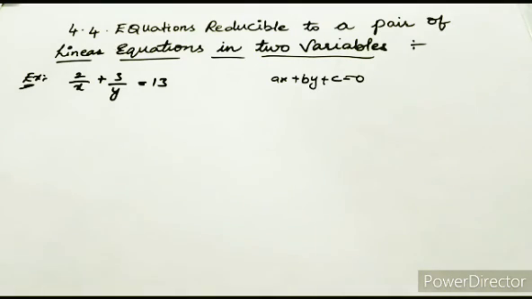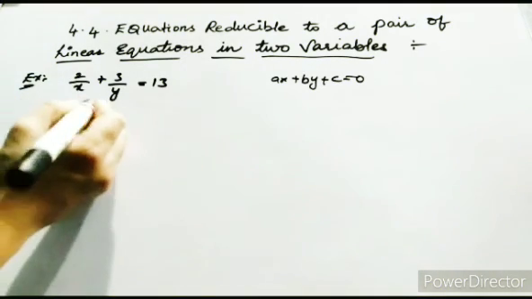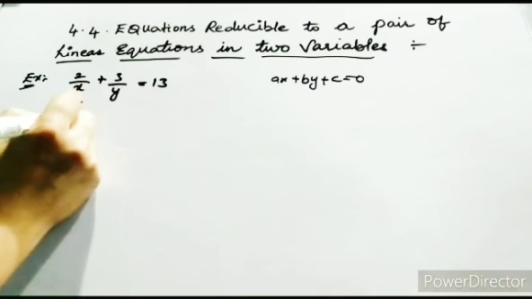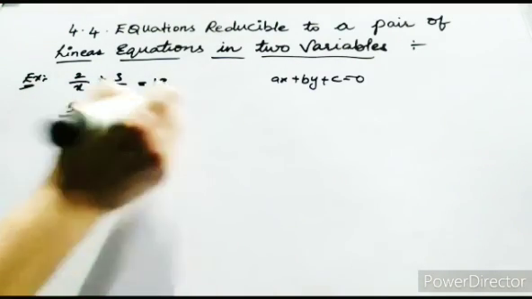So we have to reduce it to a pair of linear equations by making a suitable substitution. Just observe it. You have 2 by x plus 3 by y equal to 13 and 5 by x minus 4 by y is equal to minus 2.